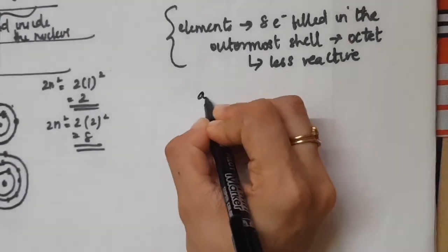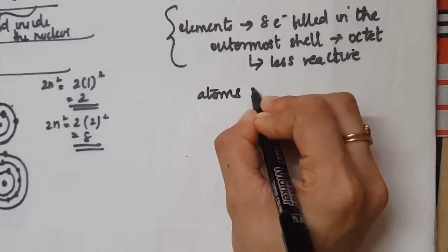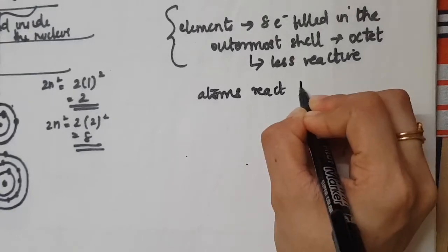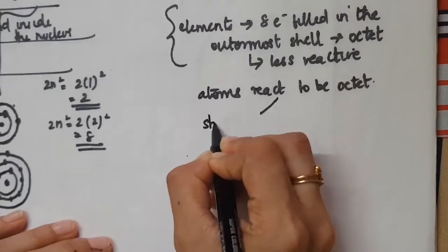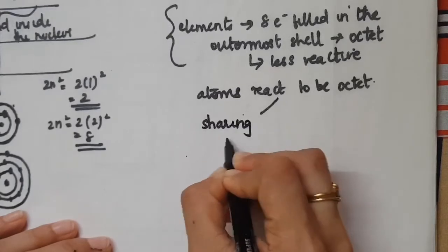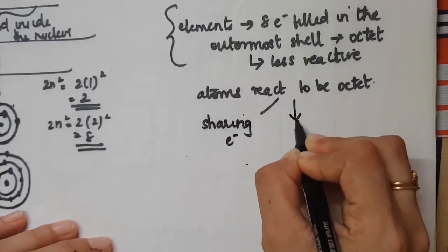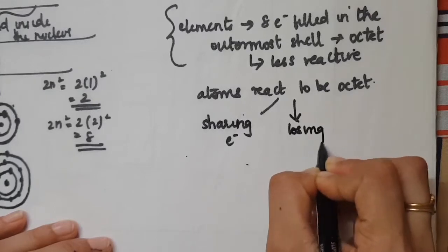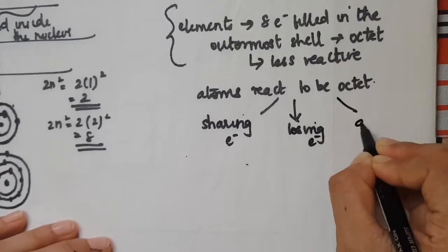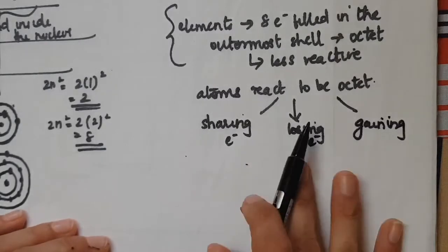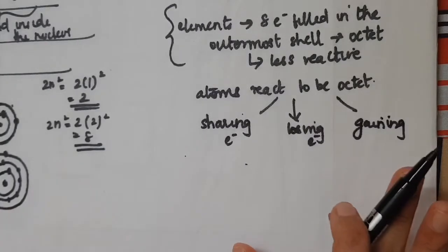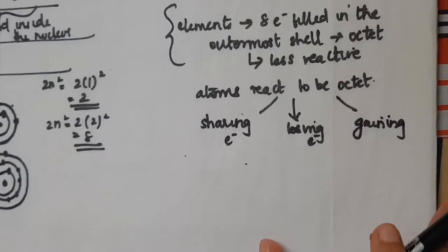So atoms react to be octet. This can be either by sharing electrons, losing electrons, or gaining electrons. Either way, they just want to be octet. That is, they need a fully filled outermost shell.